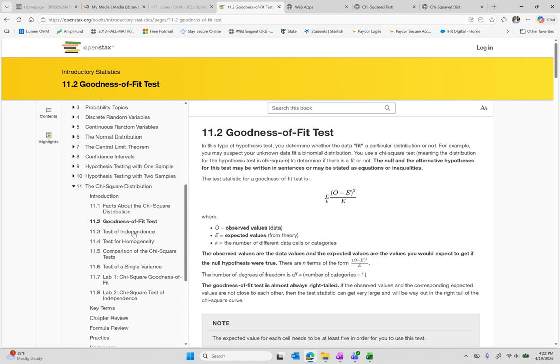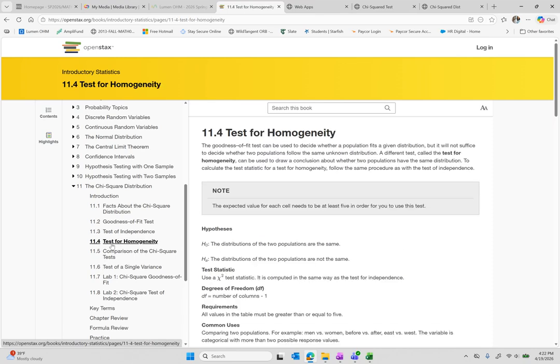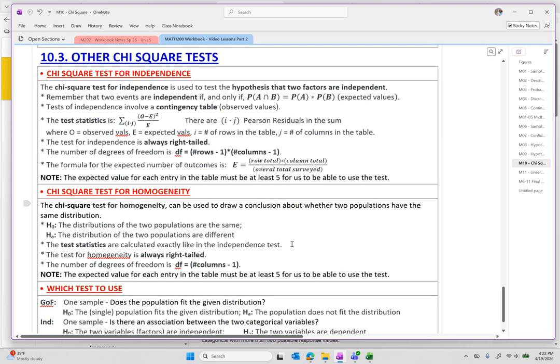Also, in the introductory statistics book by OpenStax, as well as the introductory statistics co-requisite book by Lumen, there are specific sections for the test of independence, section 11.3, and the test for homogeneity, section 11.4. We will just do a summary of them, and there will be some questions in your homework in Lumen to select which test you would use.